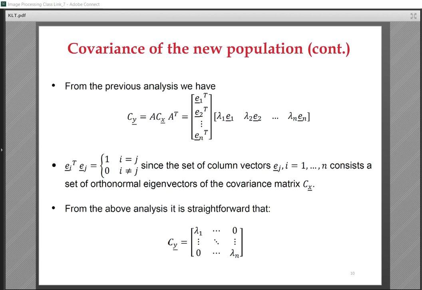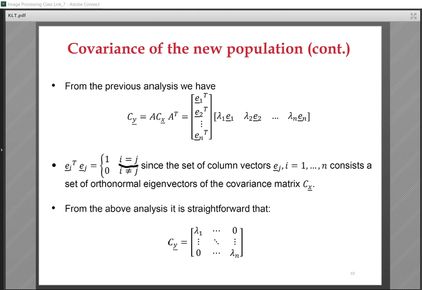For example, E1 transpose E5 is 0. E2 transpose E3 is 0. But E2 transpose E2 is 1. E1 transpose E1 is 1. Only for i equal to j.